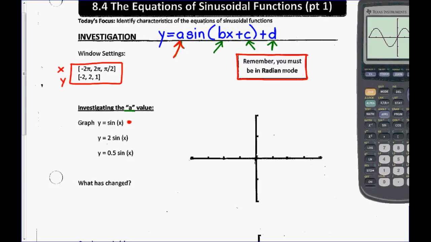Okay, and again, I'm going to just mark it. It would go up to 1, but it will come back down through there. Then it will go down to -1, and it will come back up.